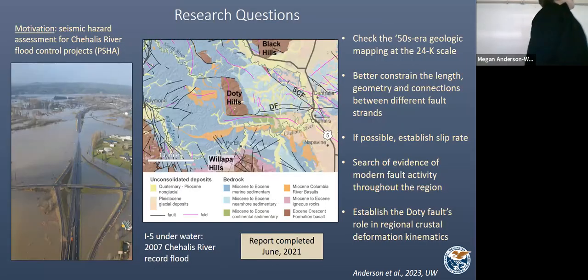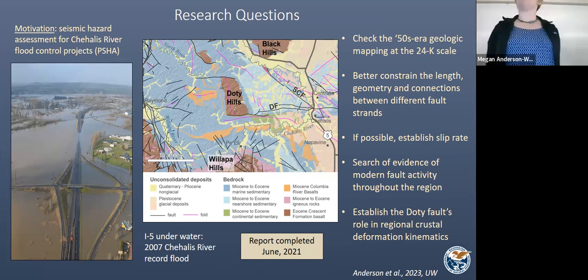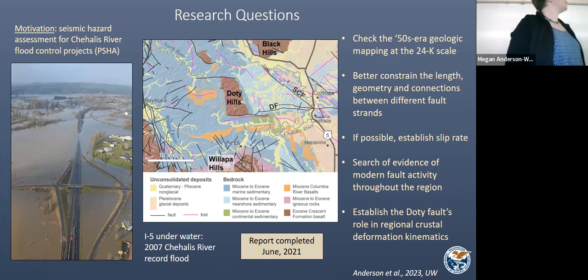One of the reasons that we chose this study area to work on is we got funding from the state to work on seismic hazards in Southwest Washington because of flooding along the Chehalis River. Back when I was hired, the state was looking into maybe putting in a flood control structure on the Chehalis River. And they wanted to understand the earthquake hazards to do probabilistic seismic hazard assessments in that area.